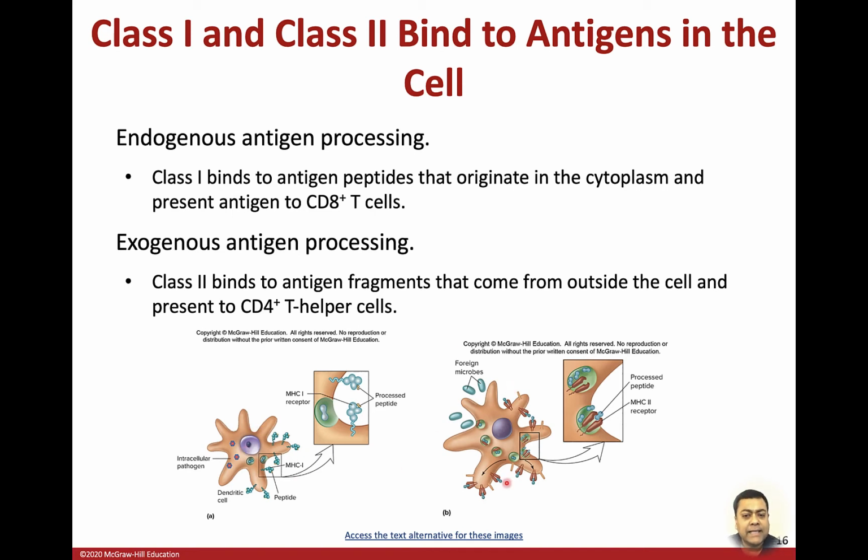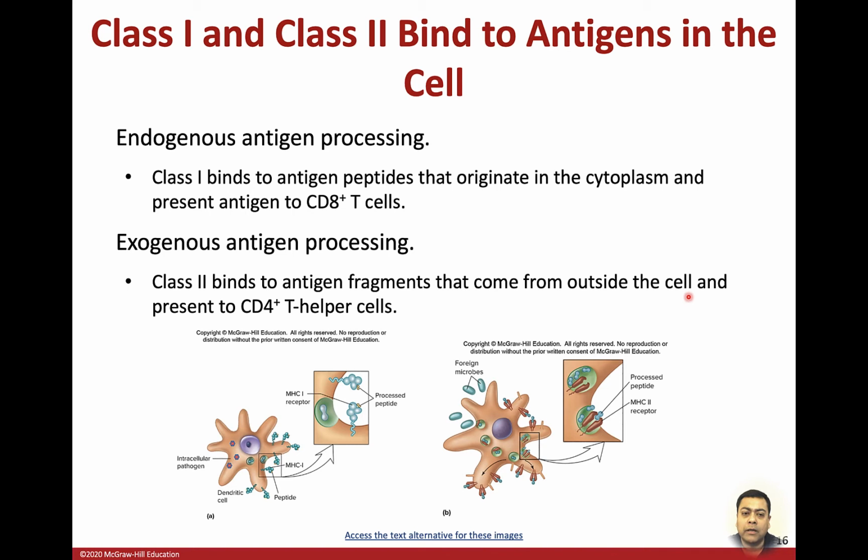On the other hand, see what happens with the exogenous antigen processing. And we'll explain that a little better because it may sound a little grayish and may not completely make sense here, because we are missing some of the information required to understand this fully. The next part is the exogenous antigen processing: class 2 antigen fragments come from outside the cell.